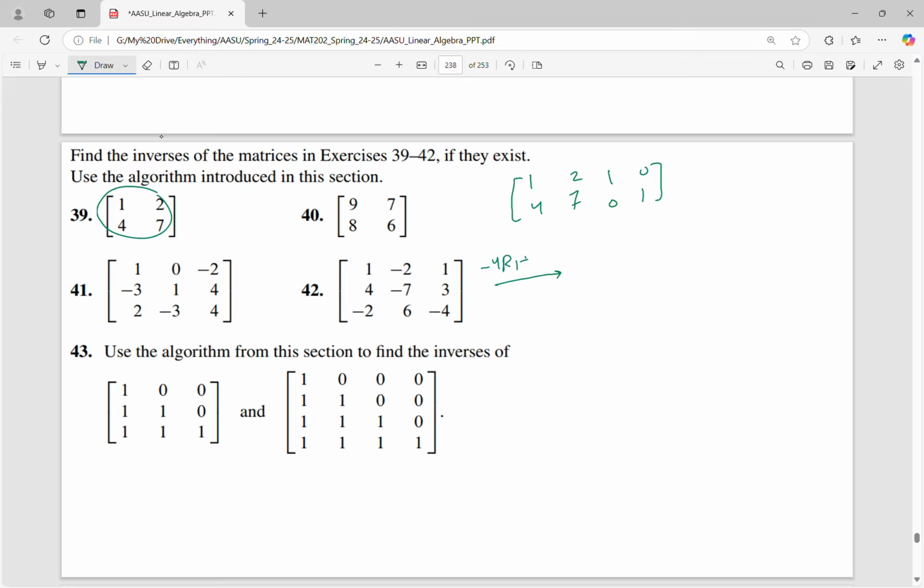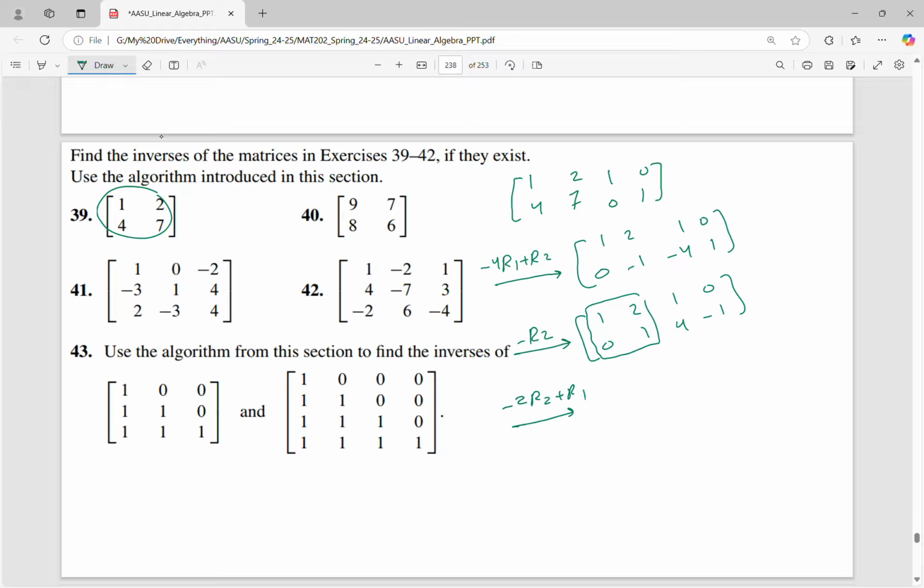So minus 4R1 plus R2. Then minus R2. Remember, I'm trying to get the identity in this part of the matrix. Then minus 2R2 plus R1. That's it. This is the inverse matrix.